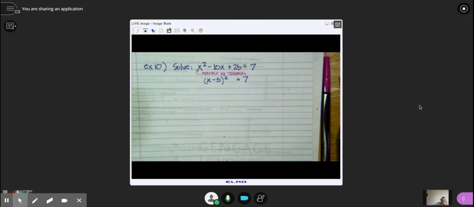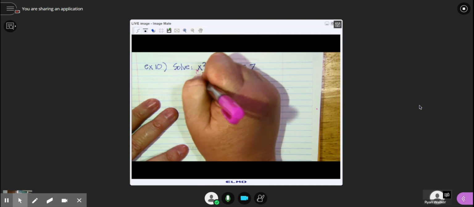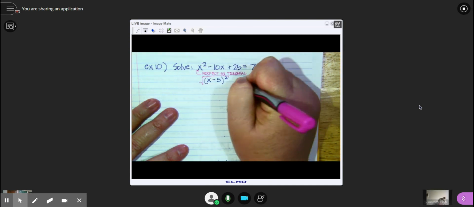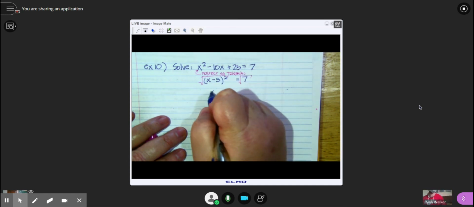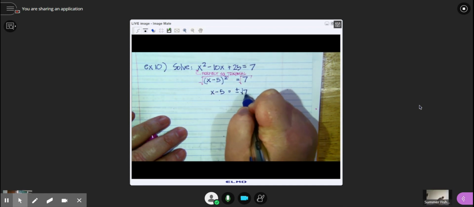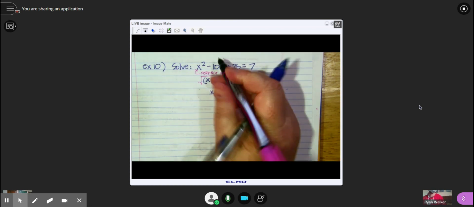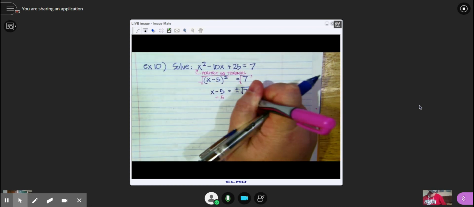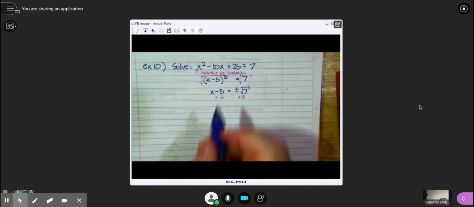So this is an x minus 5 quantity squared. So now I can take the square root of both sides, and then I can add 5 to both sides.